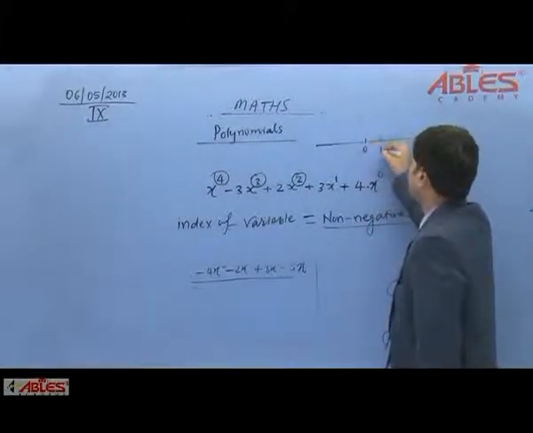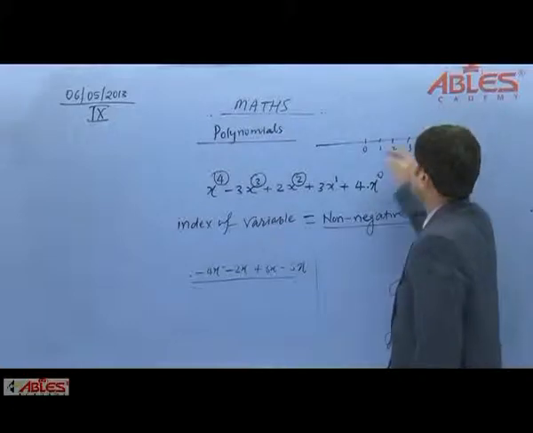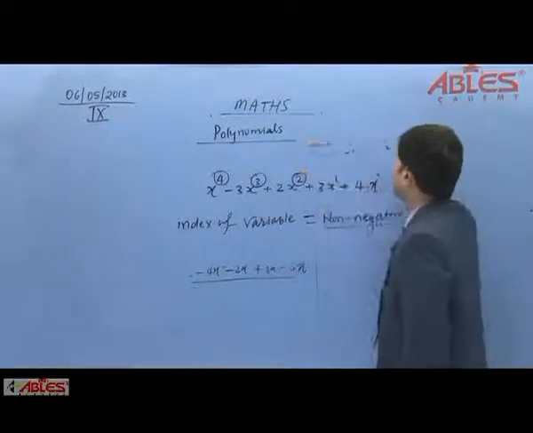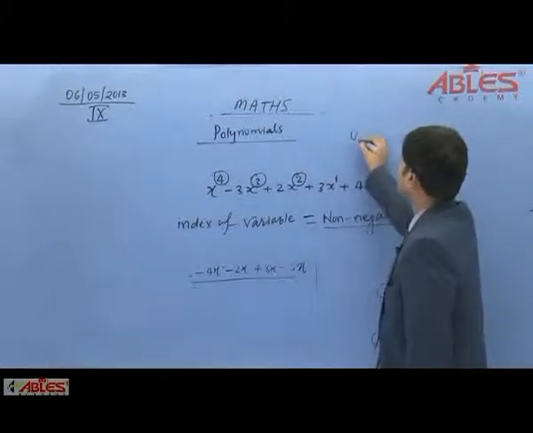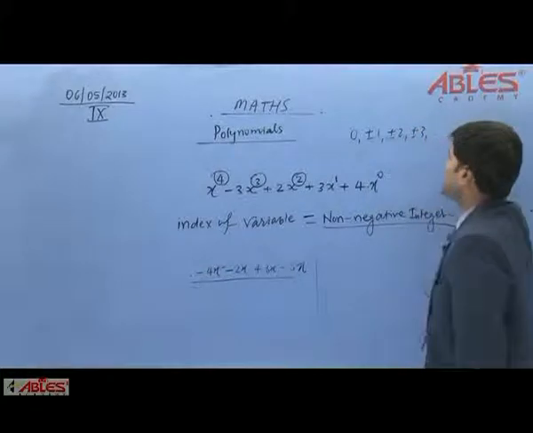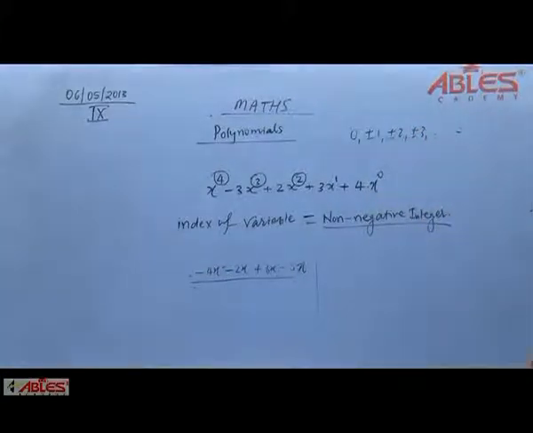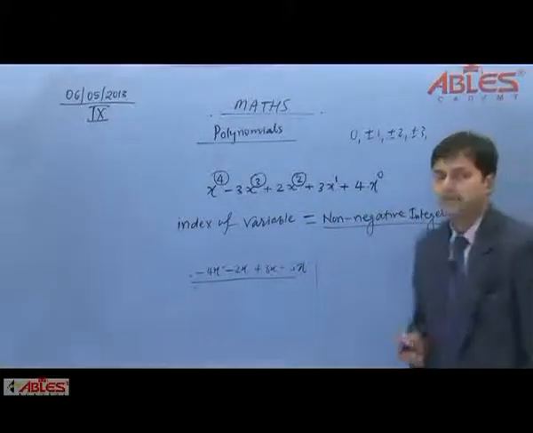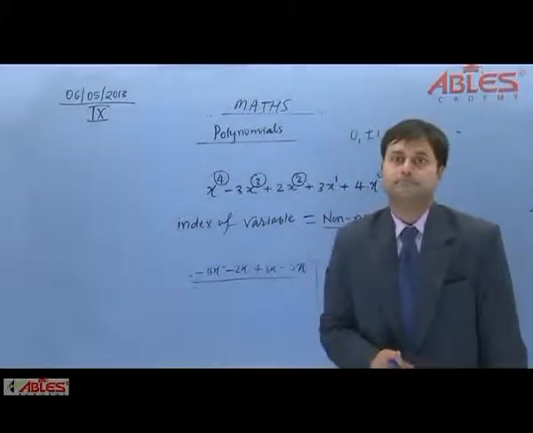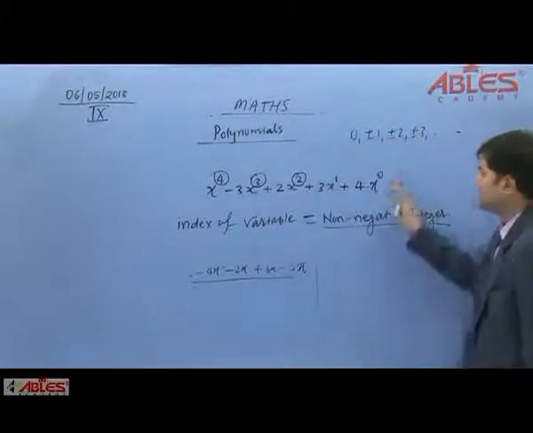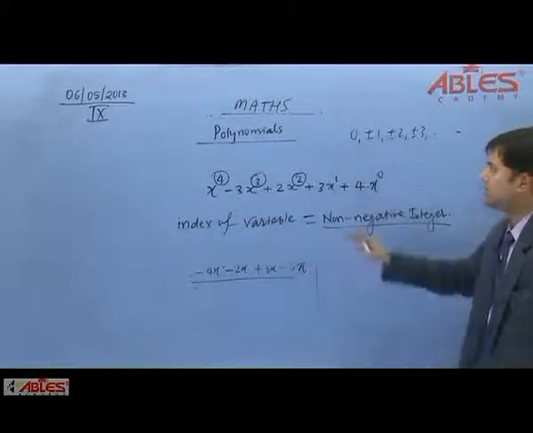Positive and negative whole numbers, 1, 2, 3 like this, and -1, -2, -3, or we can write 0, plus or minus 1, plus or minus 2, plus or minus 3. These are integers. Okay students. So the index of the variable should be a non-negative integer. That means it must be non-negative. Non-negative means either 0 or a positive integer. So you can see we are getting either 0 or a positive integer here.